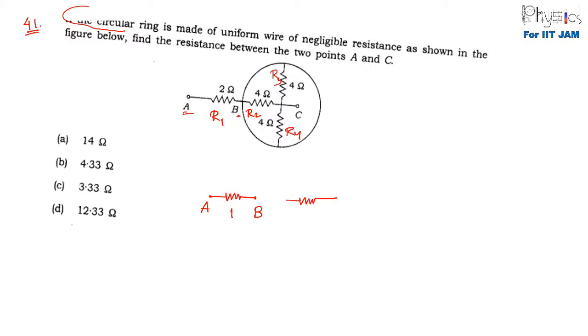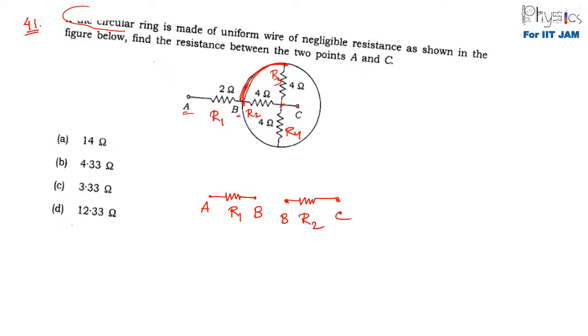Now if this is R3, then the two ends of R3, this is C and this is again B, right?